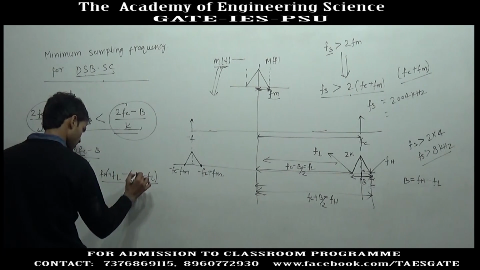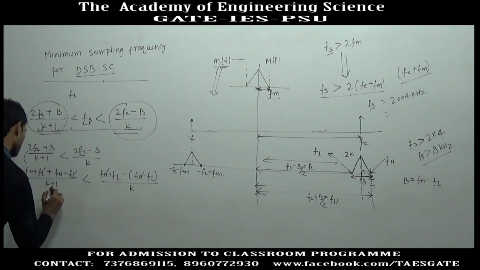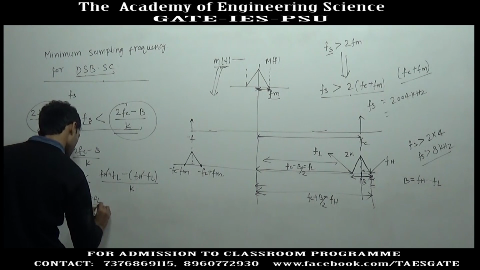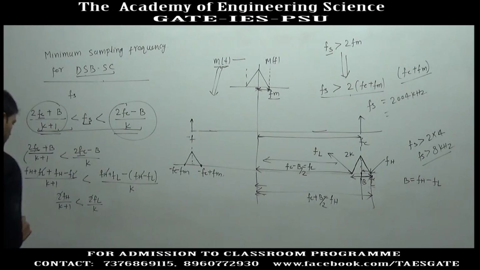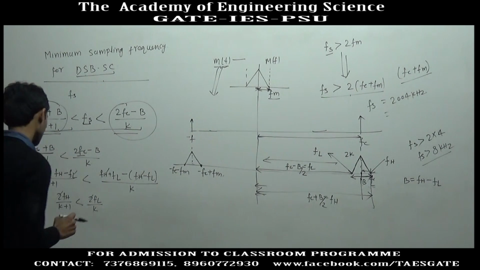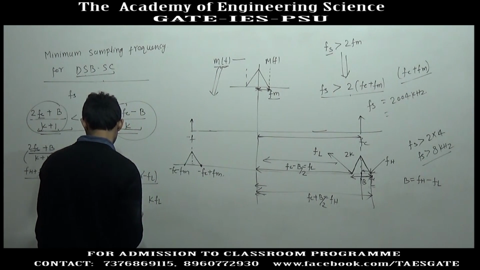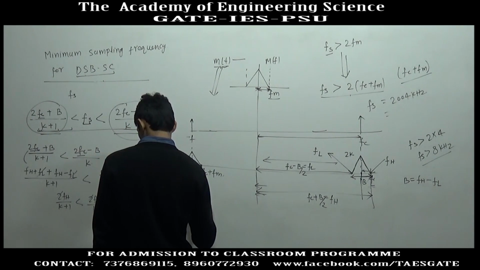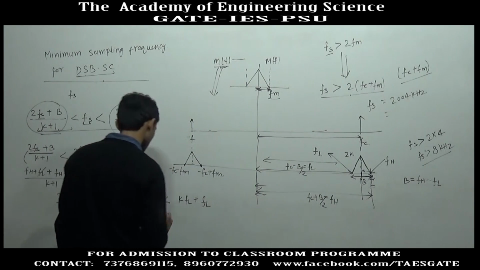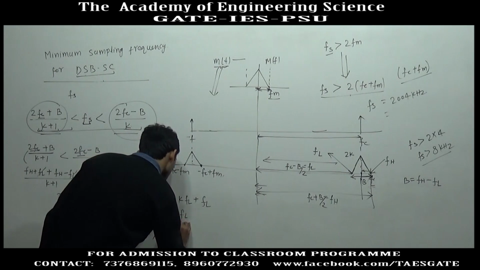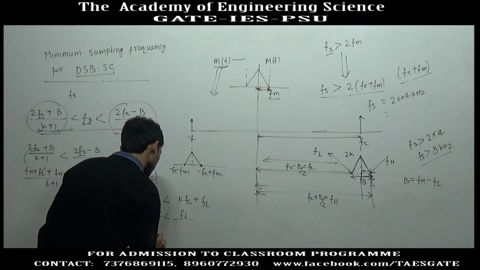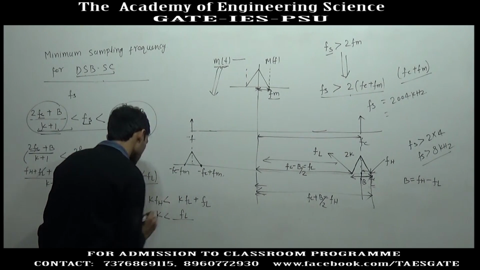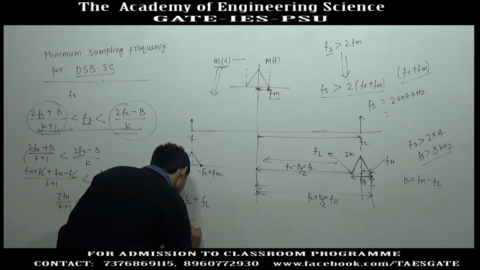Here fl will cancel, here fh will cancel. So, 2fl by k plus 1 must be less than 2fh by k, or k into fh must be less than k fl plus fl, or k must be less than fl divided by fh minus fl.